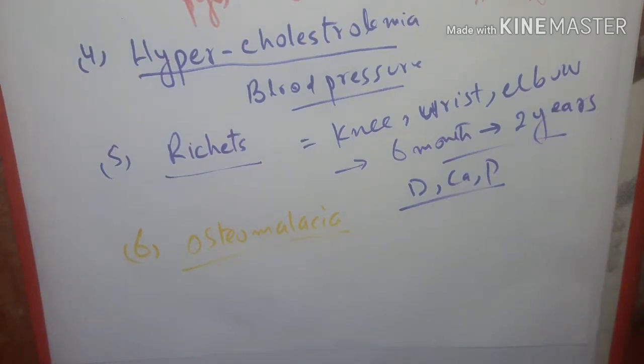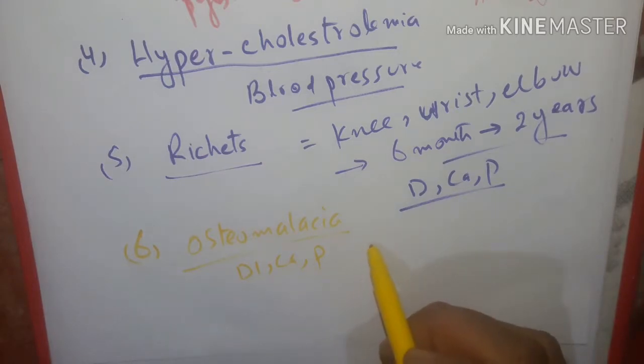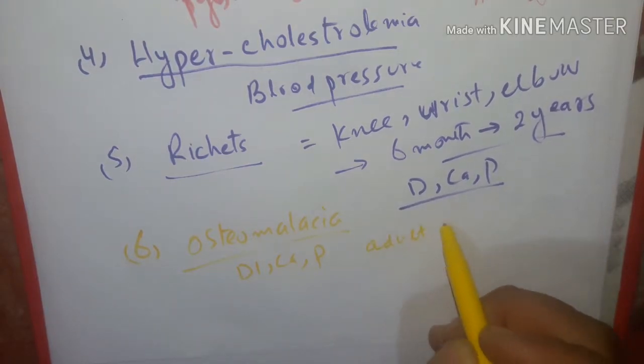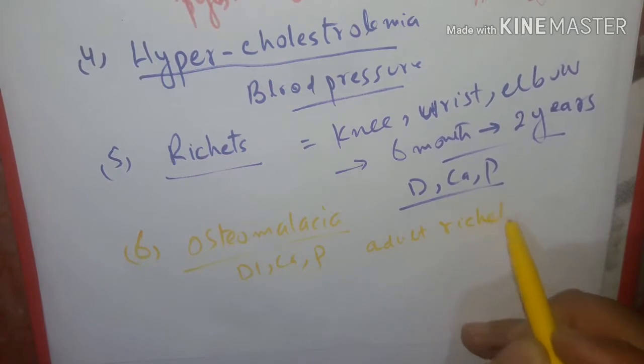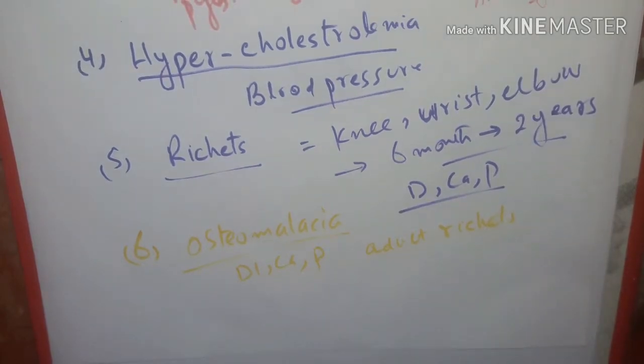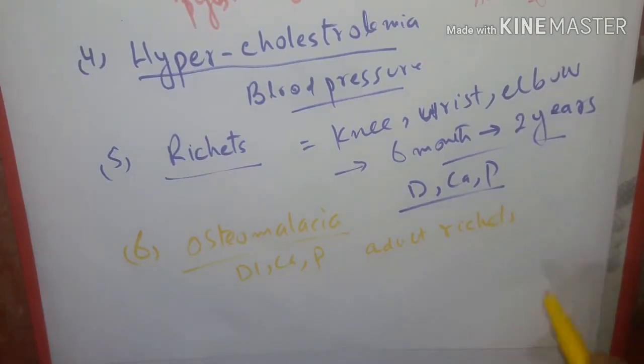The disorder occurs in adults when their food is deficient in vitamin D, and there is calcium or phosphorus deficiency. That's why it's called adult rickets. Bones of the vertebral column become weak, and pelvic and other bones bend and become soft. So this is an important nutritional disorder to be studied.